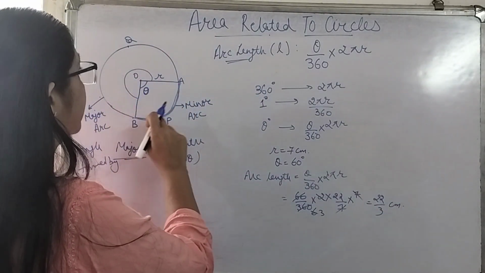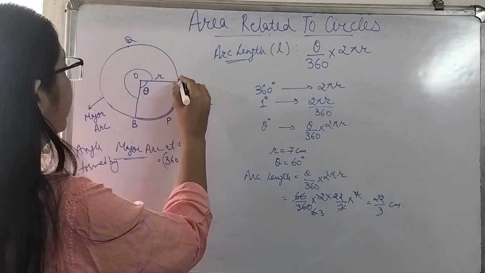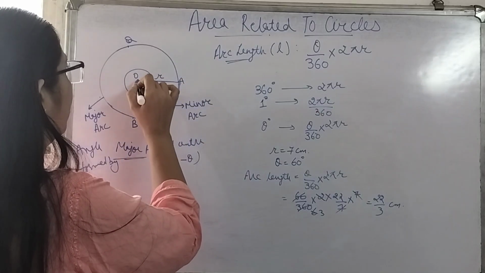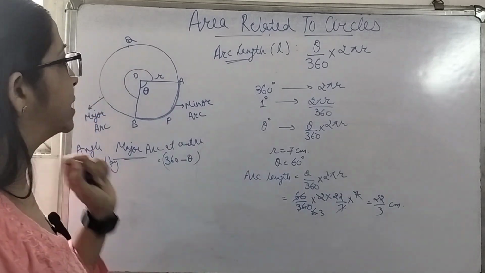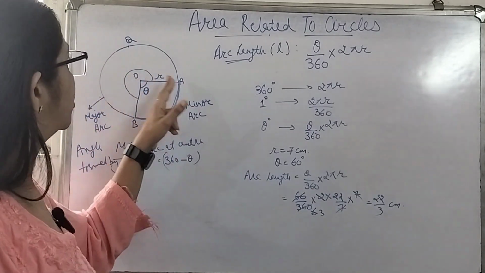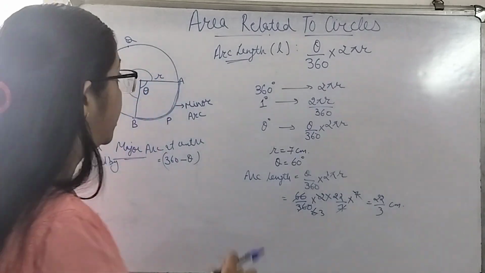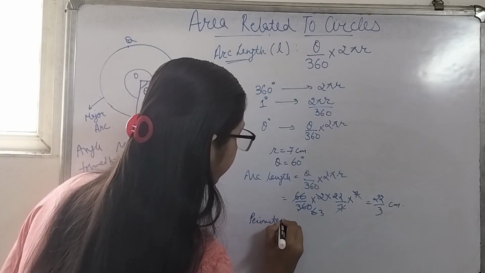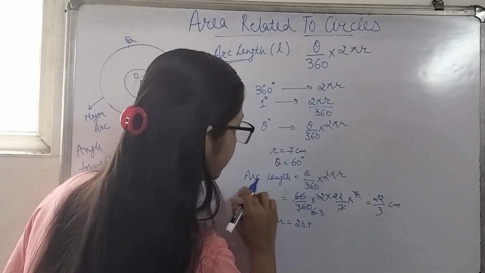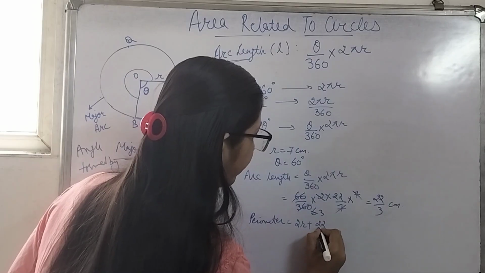Now see, not only the arc length is required. Required is the distance of BPAO. This means OA and OB lengths are also required, and we know that these two are the radius of the circle. So the required perimeter is 2 times r plus this arc length, that is 22 by 3.